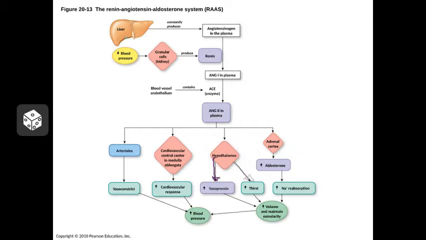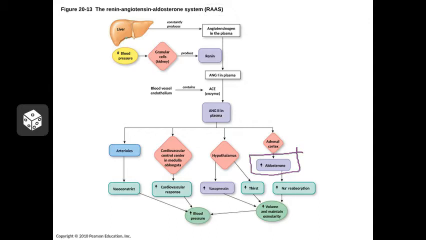Now, the final step in the RAAS process is the targeting of angiotensin II on the adrenal cortex. This causes the adrenal cortex to secrete more aldosterone.